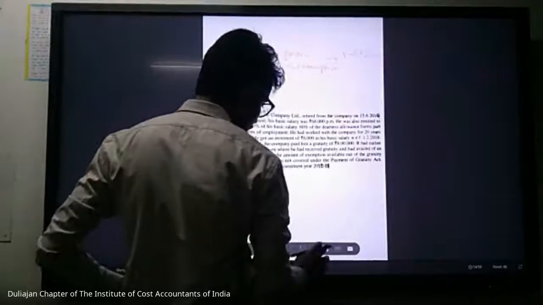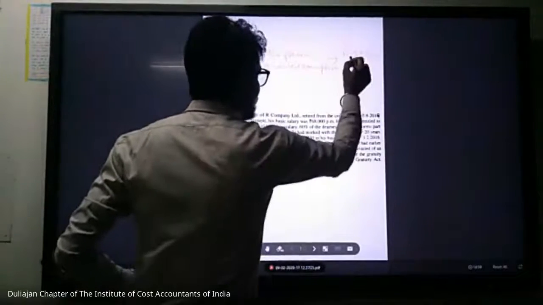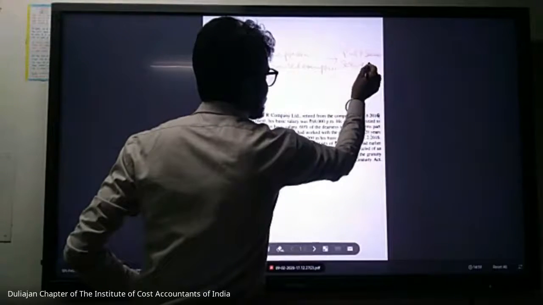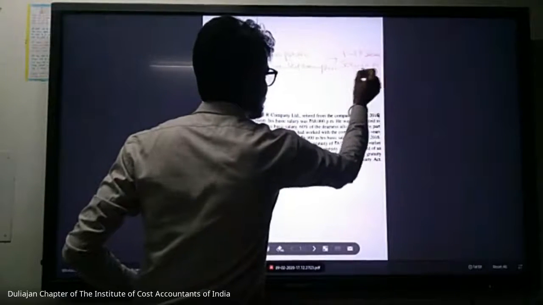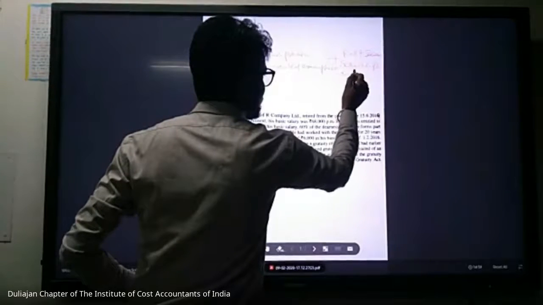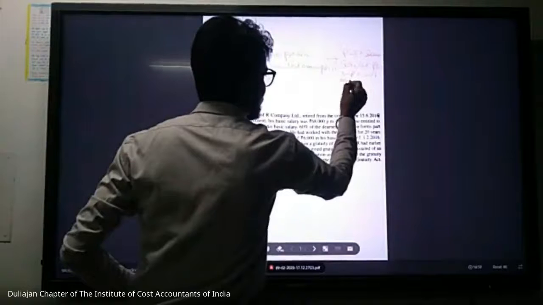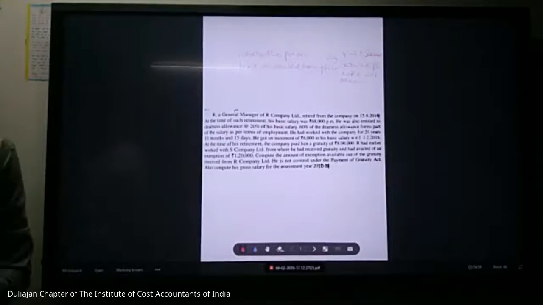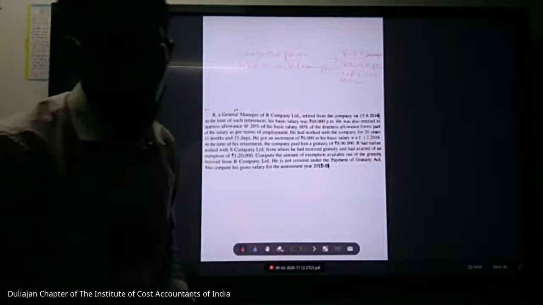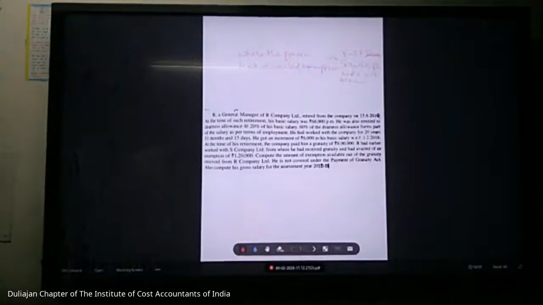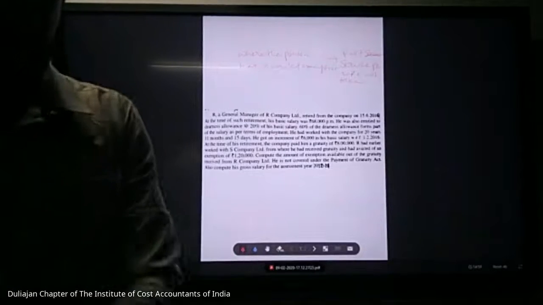Just note it down. Where the person has availed exemption for the past service, I'm talking about the past service, then we will not take the past service years.